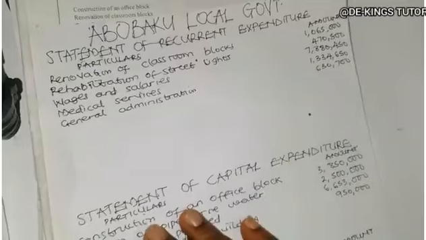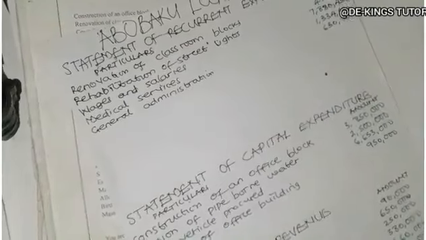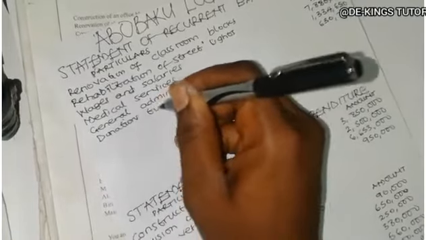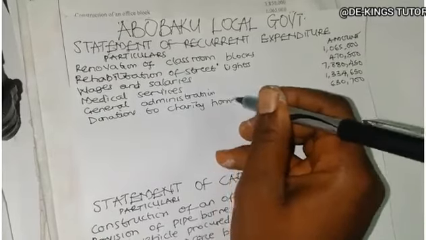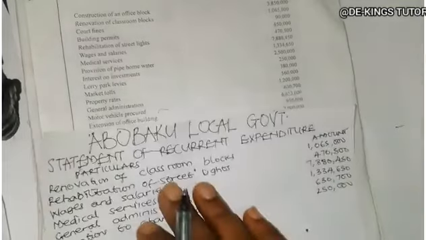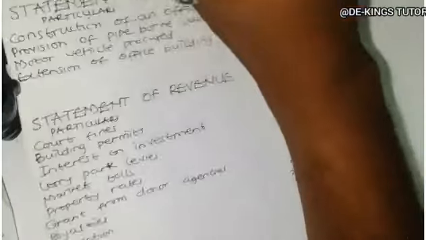Next one is donation to charity, 250,000. The donation might be done regularly. So donations to charity home, 250,000. The next one, entertainment permit, 70,000. It's a revenue to them because they permitted entertainment, so they are receiving revenue.